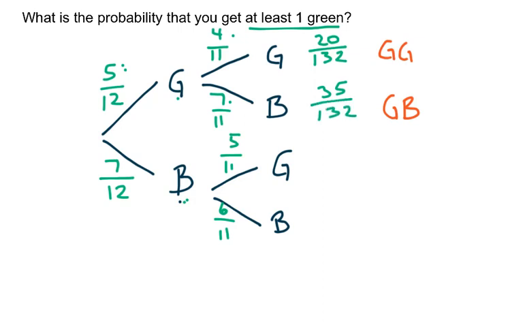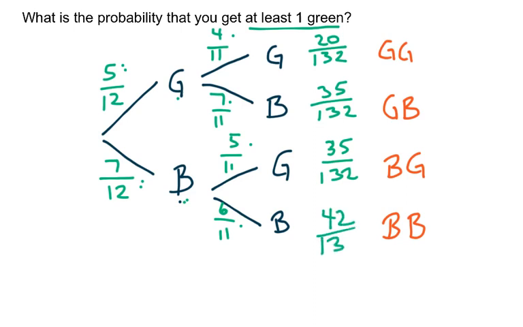If I want to find the probability of blue followed by green, I multiply along that path. 7/12 times 5/11, 35 out of 132. And finally, for blue followed by blue, 7/12 times 6/11, 42 out of 132.